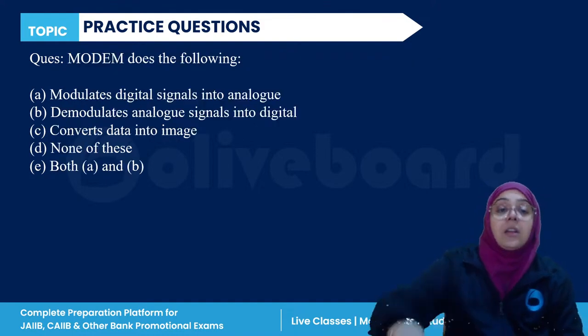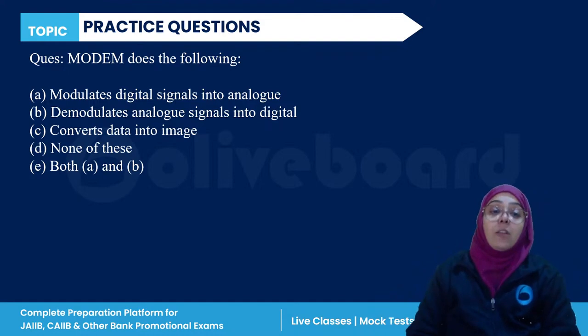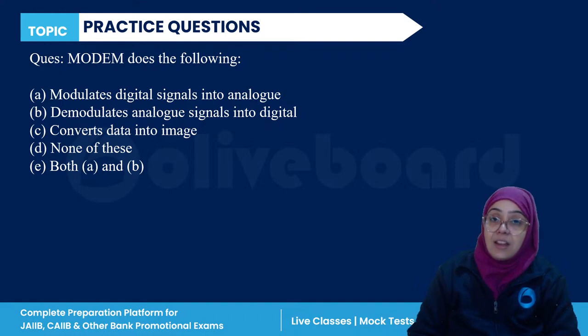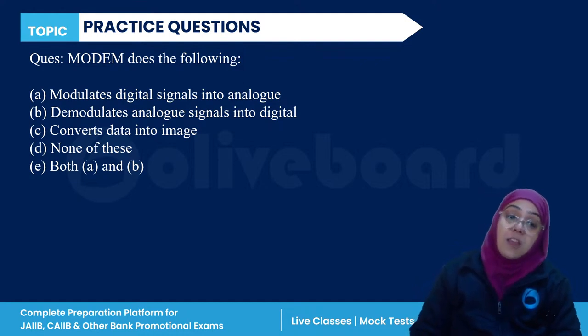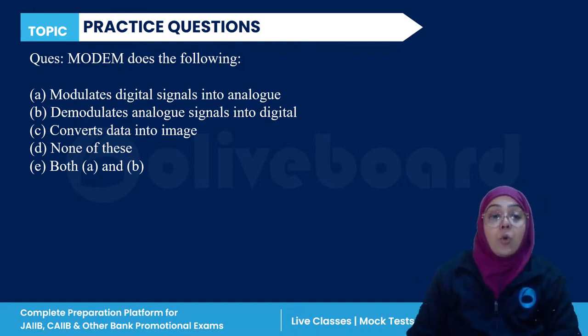Okay, next question. Modem does the following. What is the function of the modem? Modulates digital signal into analog, demodulates analog signal into digital, convert data into image, none of the above, or both A and B. We must have seen a modem, right?